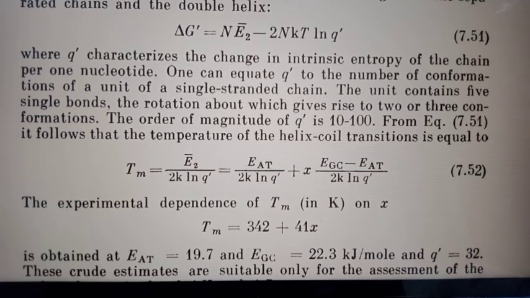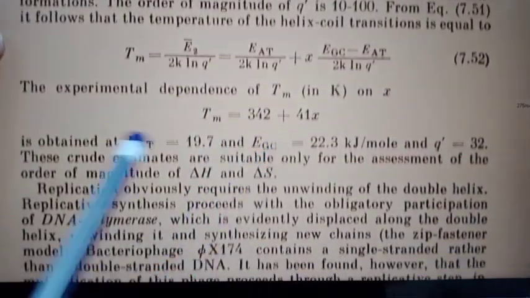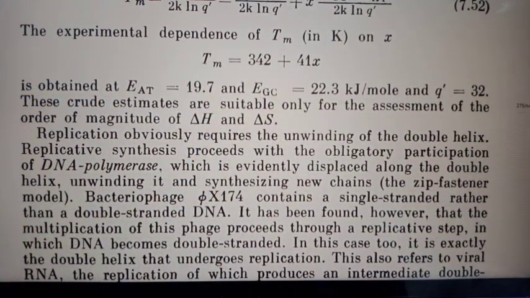It follows that the temperature of the helix-coil transition is equal to Tm. This equation, the experimental dependence of Tm on x, is obtained at EAT equal to 19.7 and EGC equal to 22.3 kilojoules per mole and Q dash equal to 32.